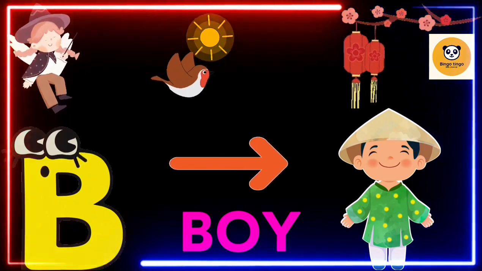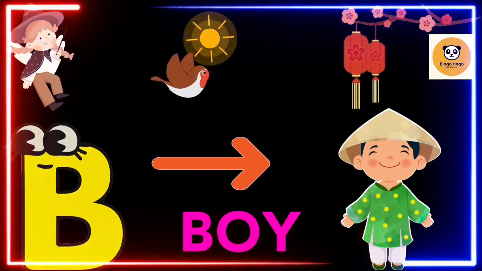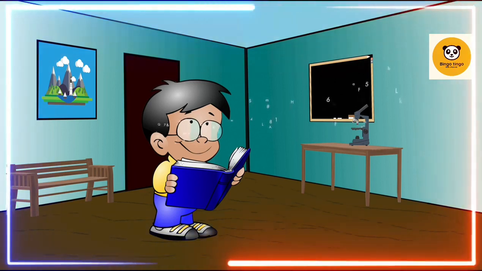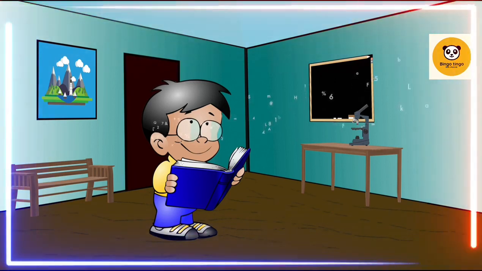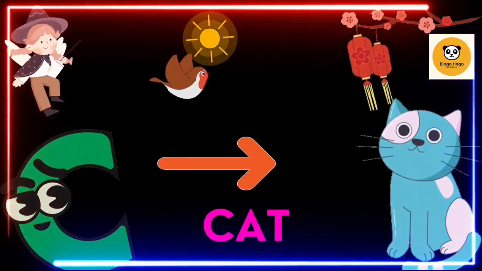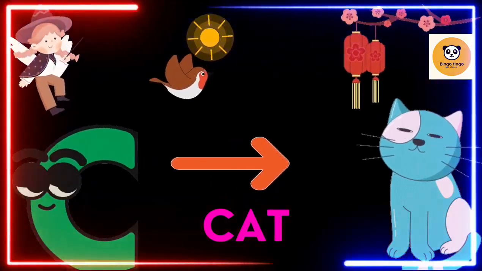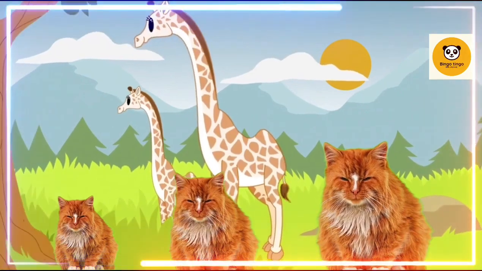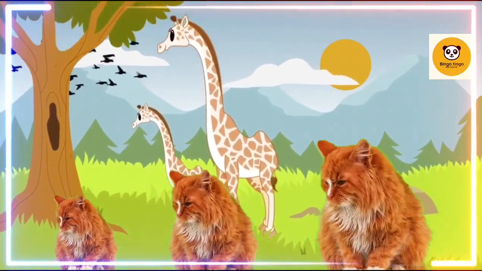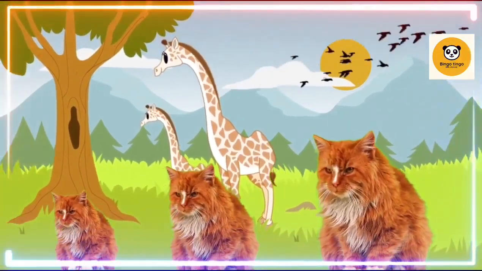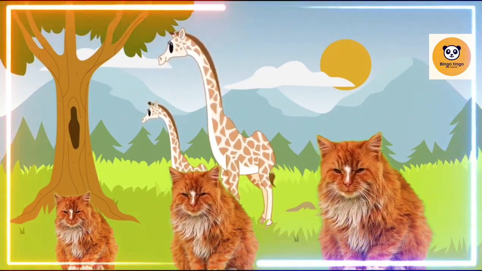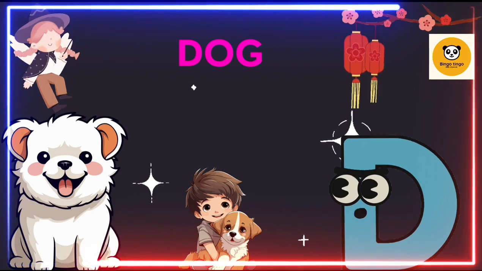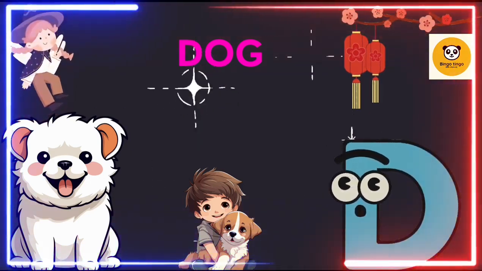B. B is for boy. C. C is for cat. D. D is for dog.